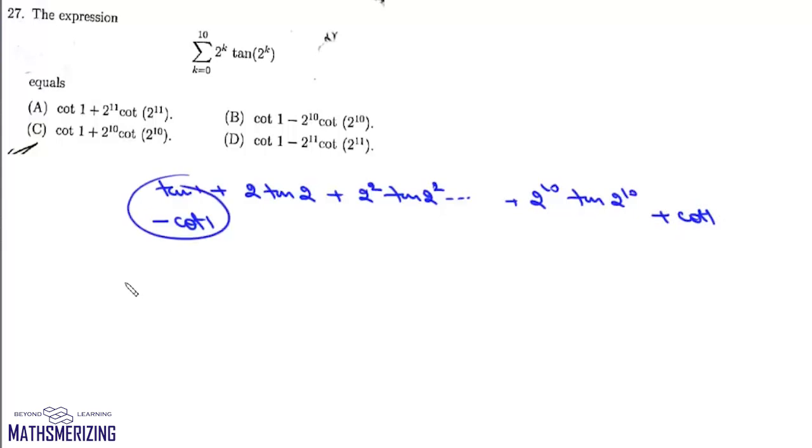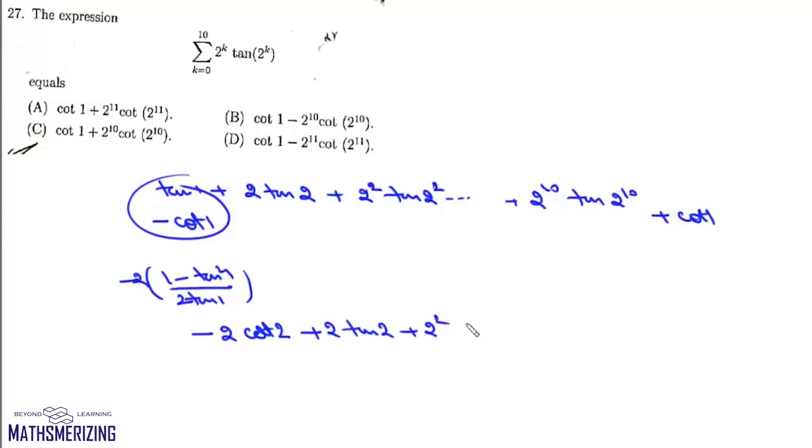Now if we simplify this, we can write this as 1 and 1 minus tan² 1 upon tan 1. We'll multiply with 2 and divide by 2. So it'll be -2 cot 2 + 2 tan 2 + 2² tan 2² up to 2^10 tan 2^10 - cot 1.